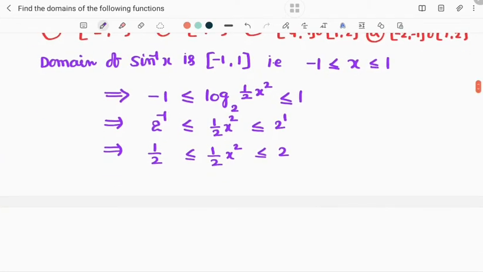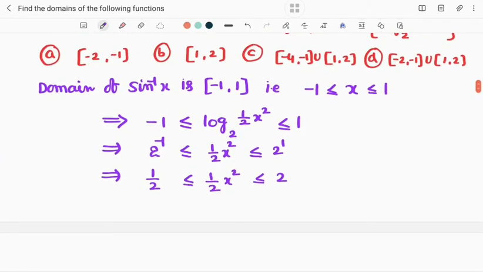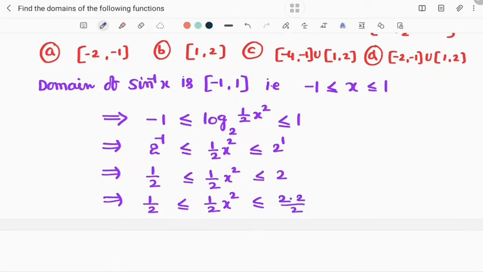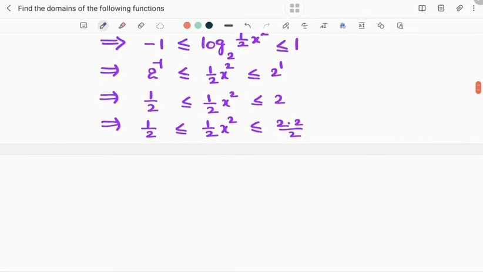So here in every term the denominator is 2. To get the last term as 2, we are writing 1 by 2 is less than or equal to 1 by 2 x squared is less than or equal to 2 by 2. One more, multiplying and dividing by 2, so in the denominator we can cancel. Otherwise from every term you can take out 1 by 2 and cancel it.